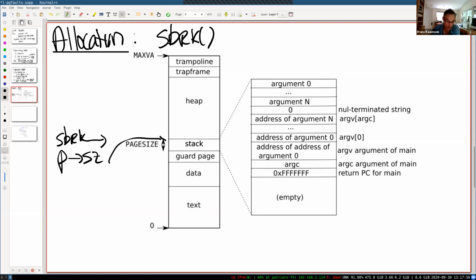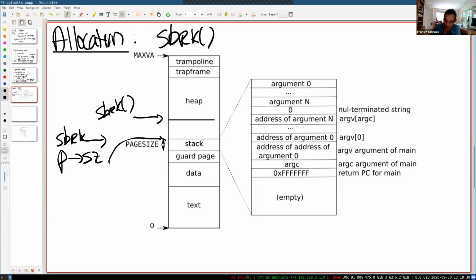When sbrk is called, for example with the number of pages you want to allocate, the sbrk system call bumps up this boundary to something bigger. When the sbrk system call is called, the kernel will allocate some physical memory, map it into the address space of the user application, zero the memory, and then return from the system call.